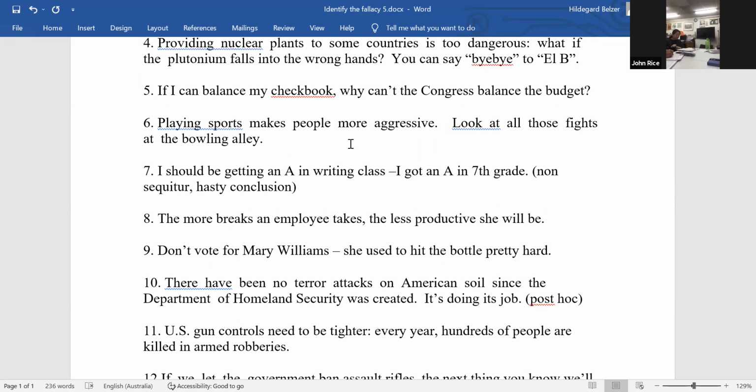And that's creating an analogy. One thing is like another. But as everybody pointed out, one is much, much more complex and involves many, many other factors and procedures and strategies than the other. So it's like comparing apples and oranges, as we say. And so that one is a false analogy.